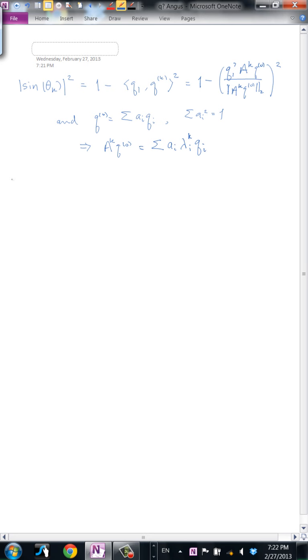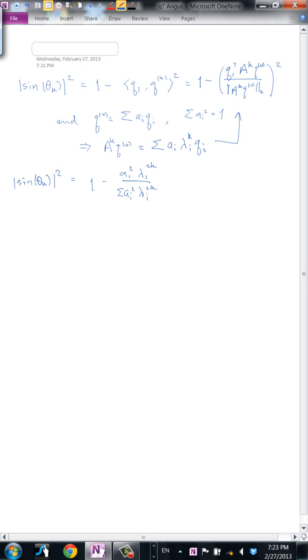So what can we get now for sine theta k squared? This is just plugging in this definition. So plugging that into there, I get that this is 1 minus a1 squared lambda 1 to the 2k divided by the sum of ai squared lambda i to the 2k.